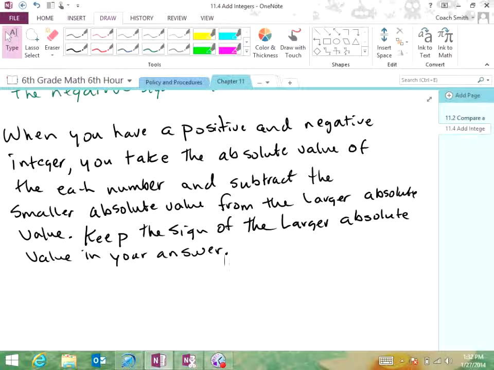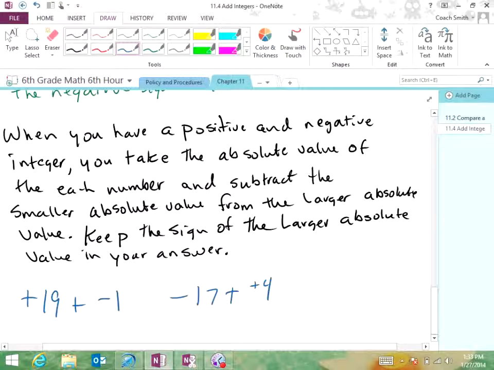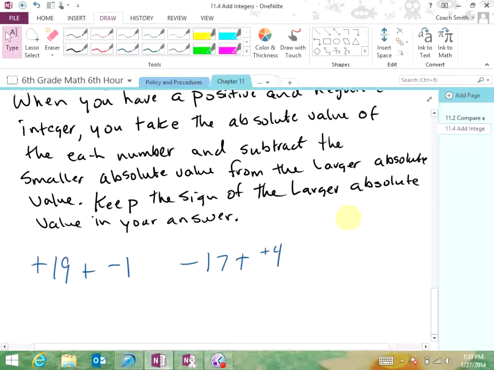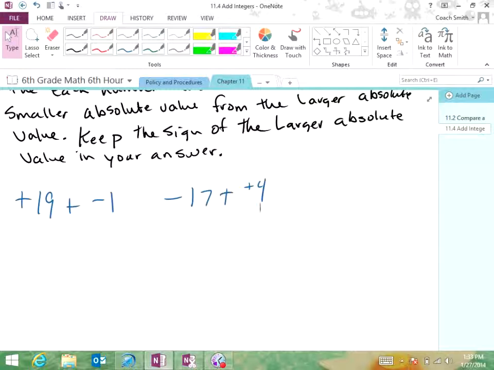Now, let's look at some examples. I'm going to write down 2 examples. I want you to do both of them. The first one is positive 19 plus negative 1, and negative 17 plus positive 4. Do those 2 problems. Visualize your positives and your negatives. If you visualize it in your mind, it'll help you understand what you're supposed to do.